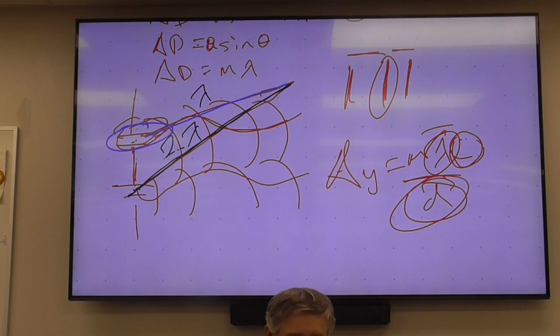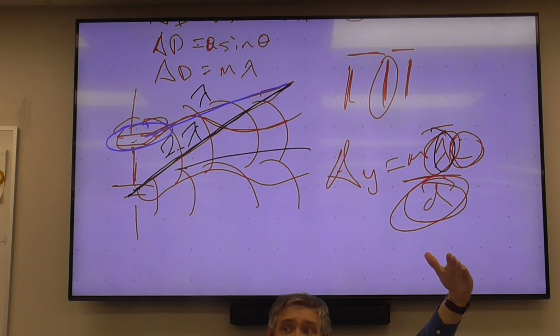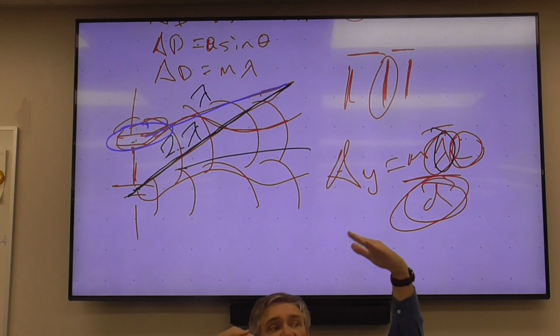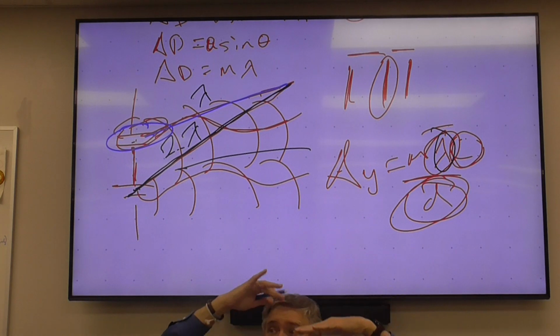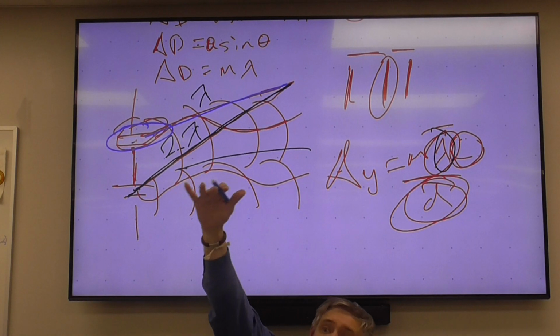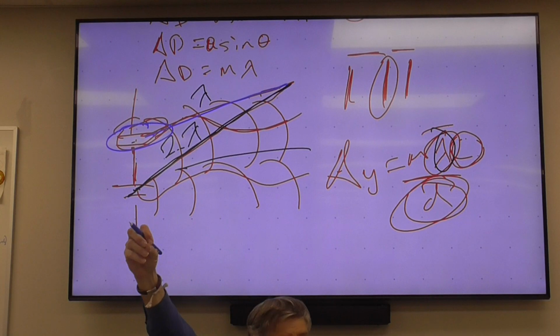So here's the point on why this works. As that wavelength gets bigger, the distance between where you're going to get your constructive interference also gets bigger, because you physically have a longer wavelength that you have to match up.